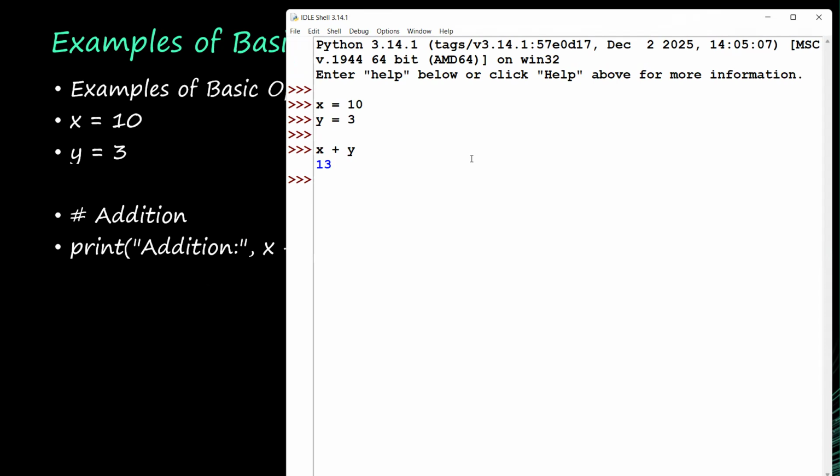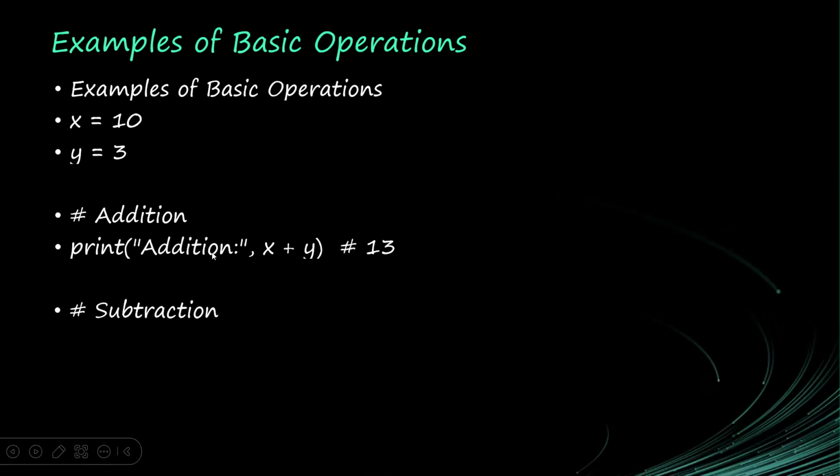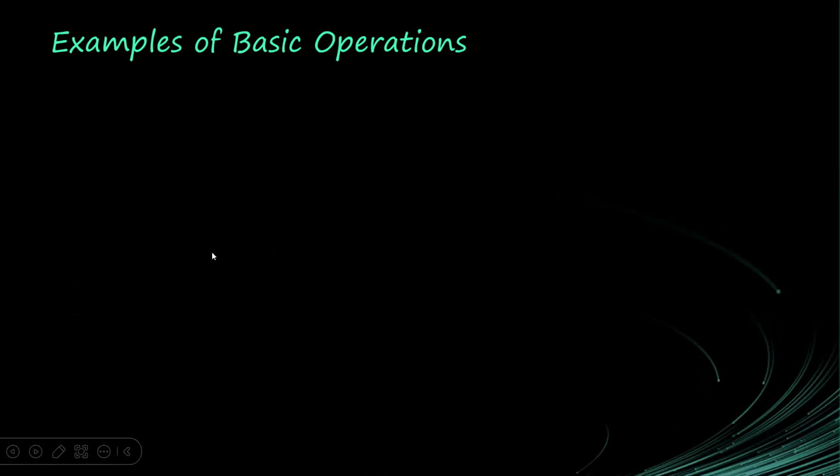So if I say x plus y, basically I'm saying 10 plus 3, which will give us 13. I can also say x minus y, and it will give us 7 because 10 minus 3 gives us 7.